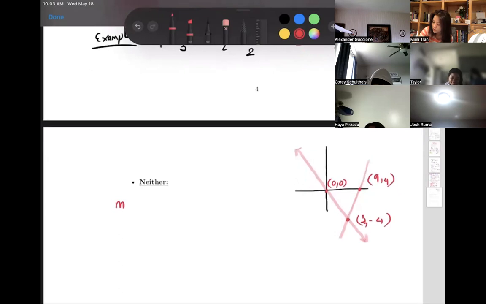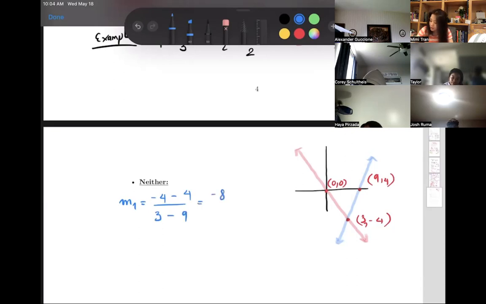M1 is, I'll use blue for M1. So M1, again, Y2 minus Y1. So Y2 would be -4, minus Y1 would be 4, X2 would be 3, minus X1 would be 9.